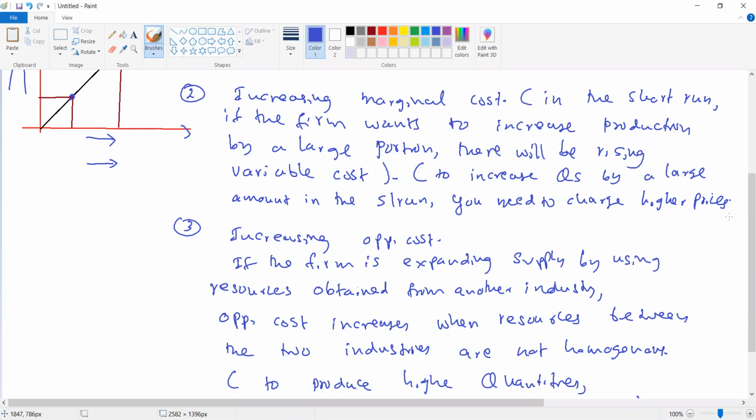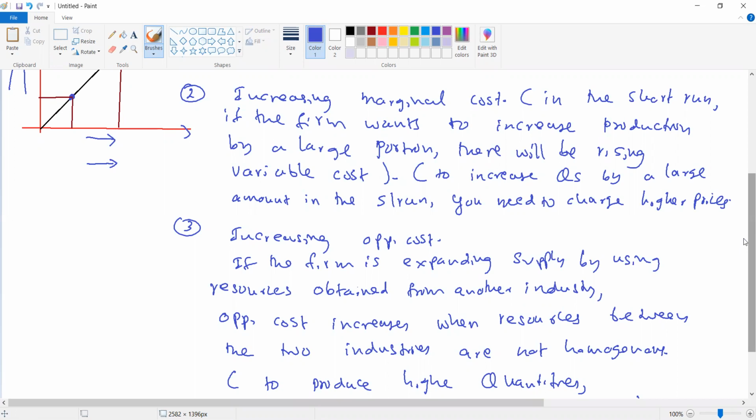But now in the long run, right, as time has passed, they could change their production capacity, they could increase their fixed factors, and now their variable factor productivity is also high, and as a result they can produce a unit at a lower price, right?